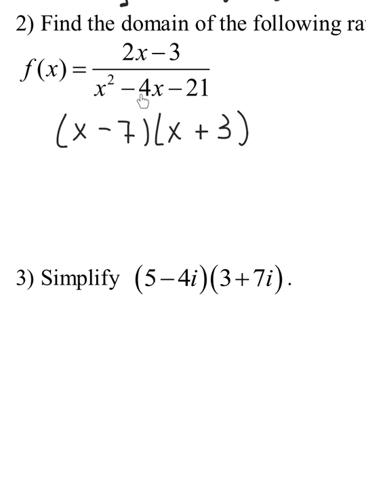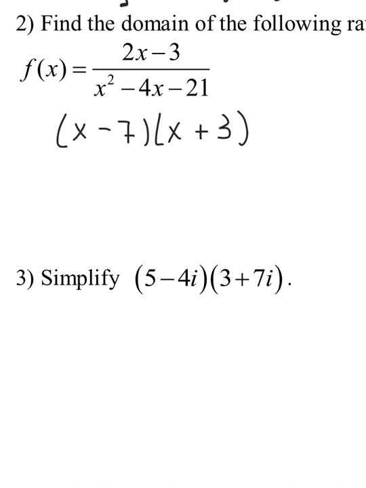The two numbers I found that multiply to give me 21 and add to give me 4 are 7 and 3. And since the negative 4 in the middle is negative, my 7, the larger number, needed to be the negative one, so that when I add negative 7 plus 3, I get negative 4. So these are my two factors.